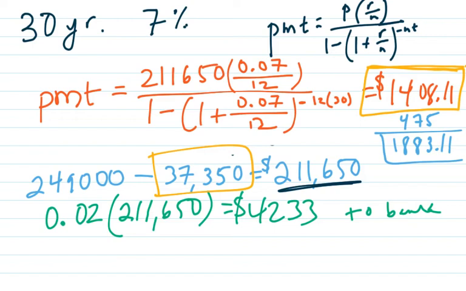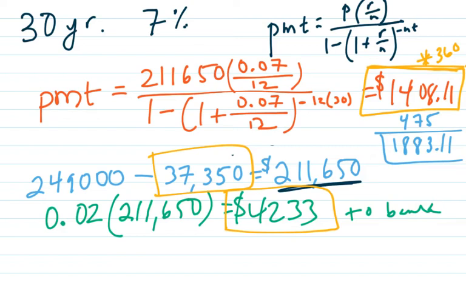So we take this $1,408.11 and we're going to multiply that by 360 because that's how many times they're going to pay that if they just pay that required monthly payment. Okay. Then they also had to pay the $4,233 to the bank.